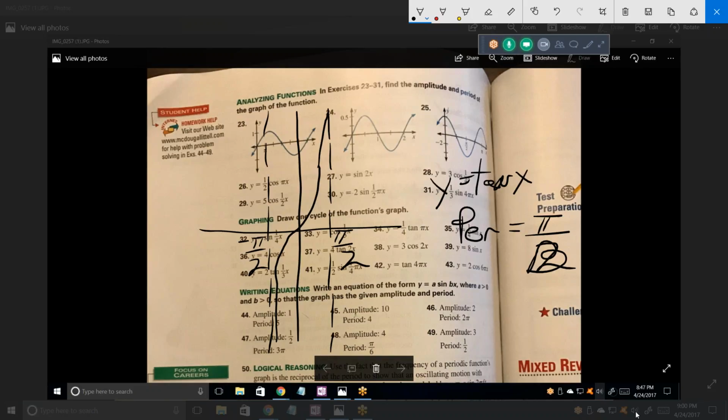So if b is pi, what's the period? Here's b, the coefficient of the x term.